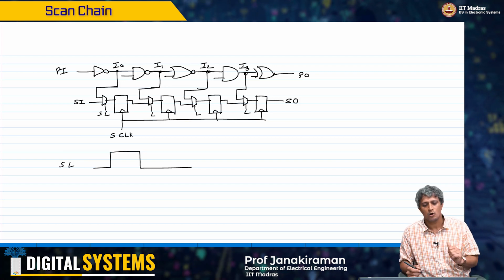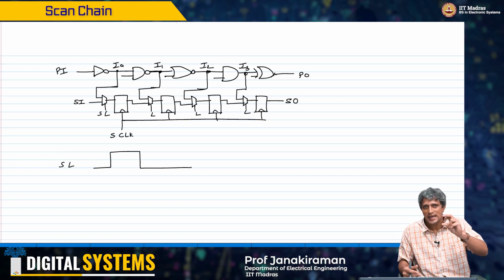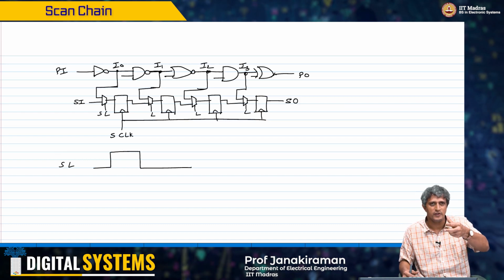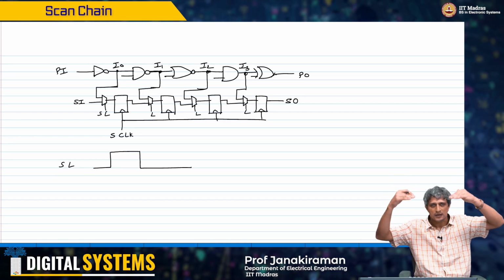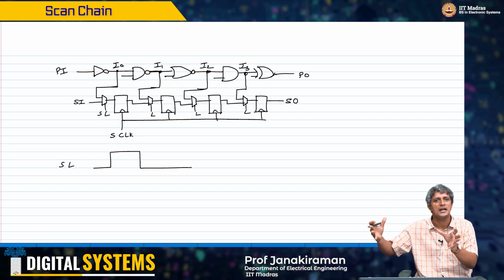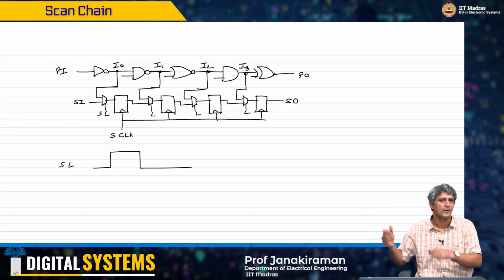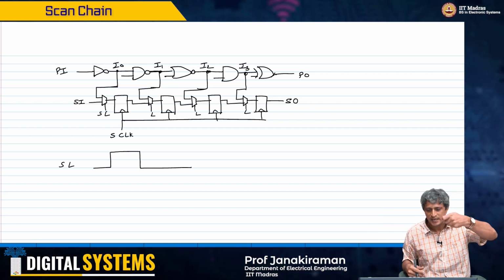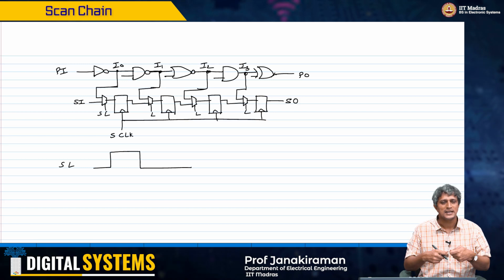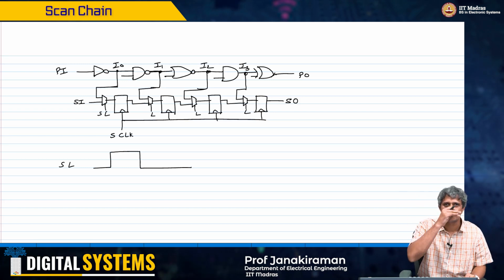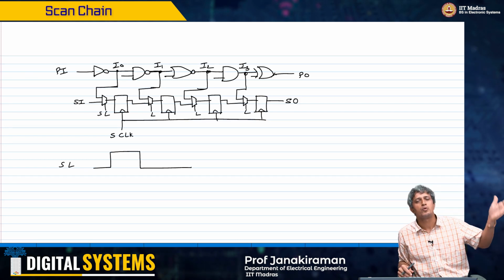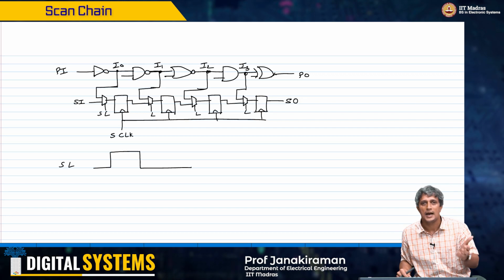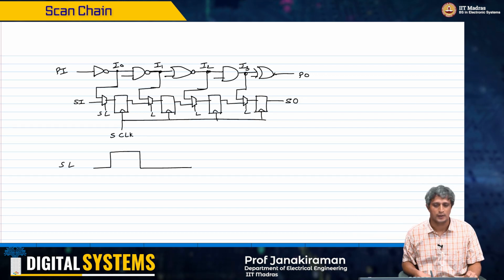So when SL pulses, like in the previous timing diagram I showed you, I0 to I3 will get activated and appear at the input of these flops. Now you keep pulsing the S clock as many times as there are flip flops, and the outputs will come out one by one at the scan out.